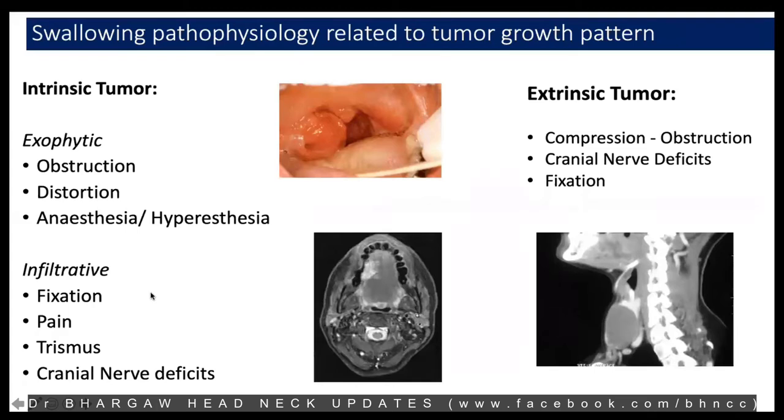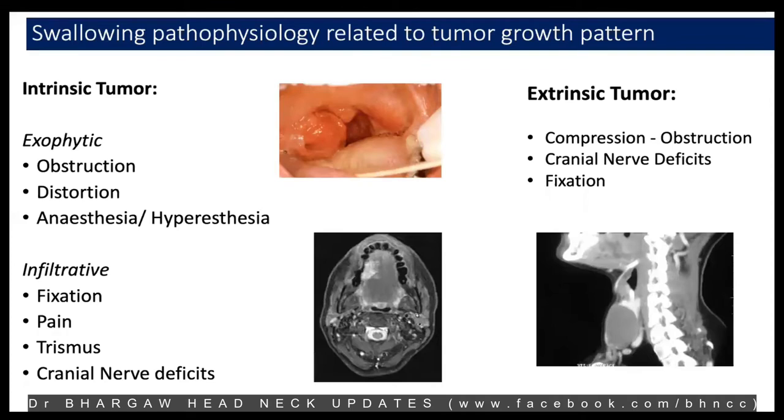Whereas infiltrative tumors are a little bit more dangerous because they end up fixing that particular structure, for example the tongue or the oropharynx, and that part of the structure would not move. That muscle would not move. And patients will also have pain because of the deep infiltration. Also, when it goes much deeper to the muscles of mastication, they would have trismus and associated cranial nerve deficit.